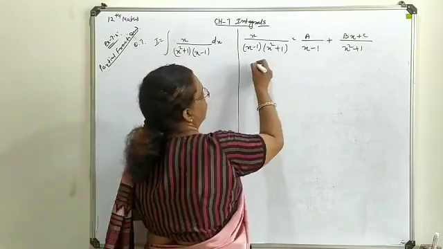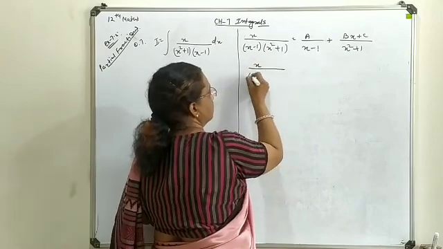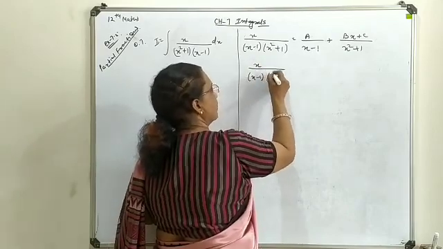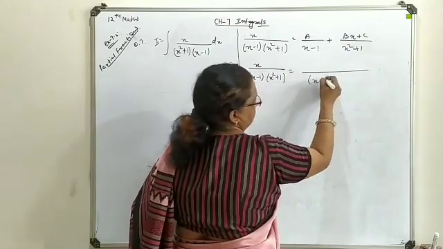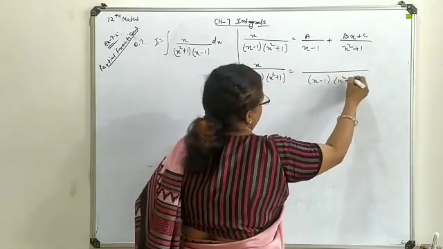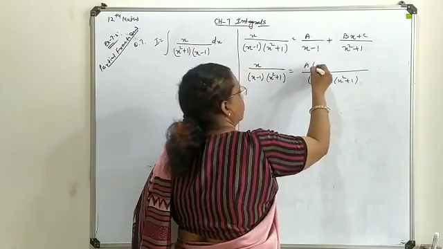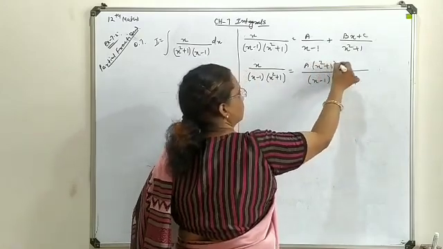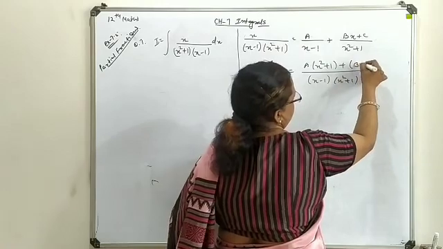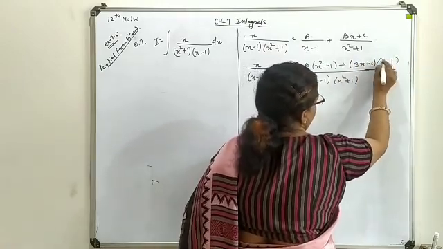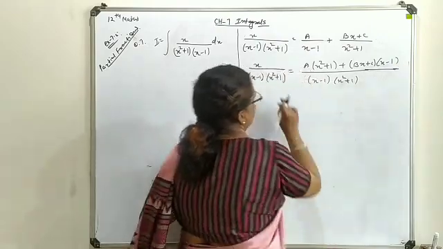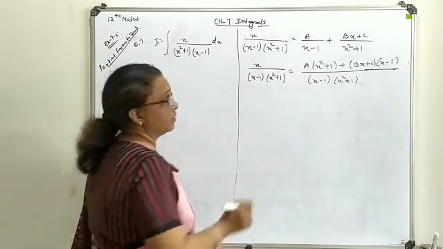Now again go for LCM. These two will cancel. Go for comparison of the numerators.